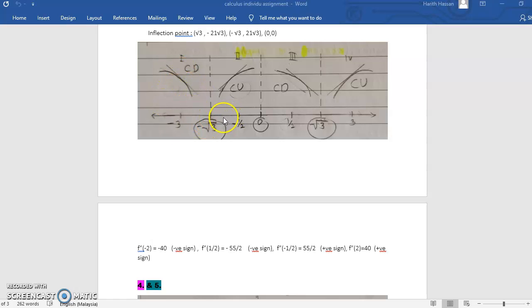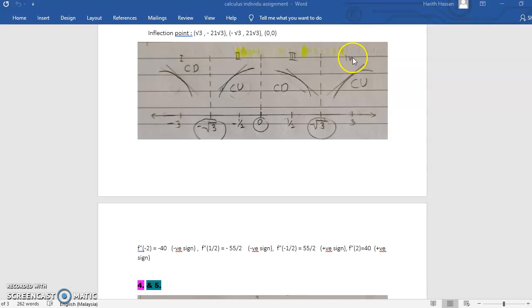Next, in the second interval, I plug in -1/2, so I get concave up. Next, in the third interval, I plug in 1/2, so I get concave down, with a negative sign.